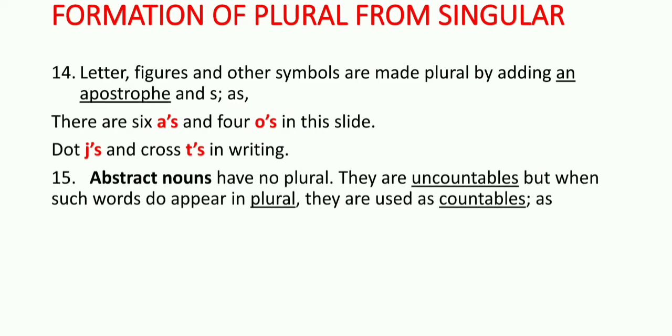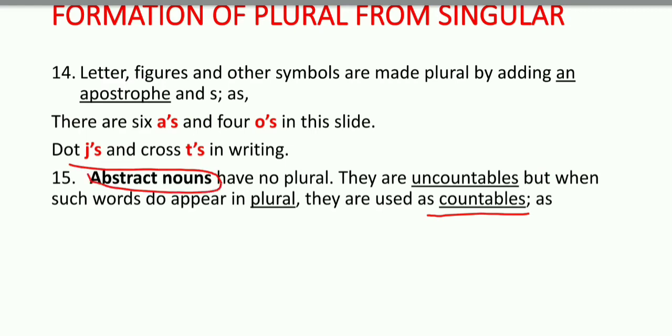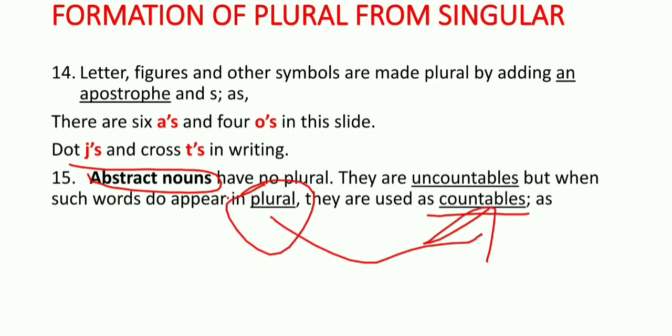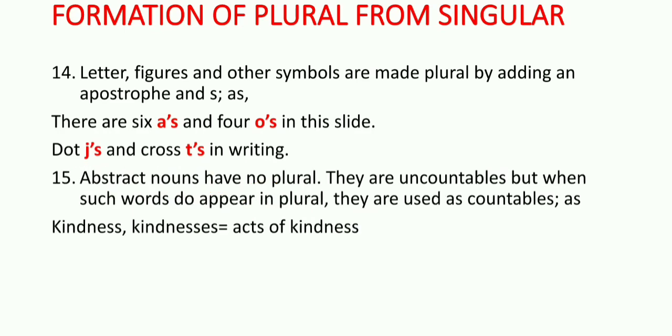Next we have abstract nouns have no plurals, they are uncountables. But when such words do appear in plural, they are used as countables. Keep in mind, abstract nouns have no plurals, but in case you see their plural forms, they become countable. How? Look at the example. Kindness is an abstract noun, and its plural is kindnesses.